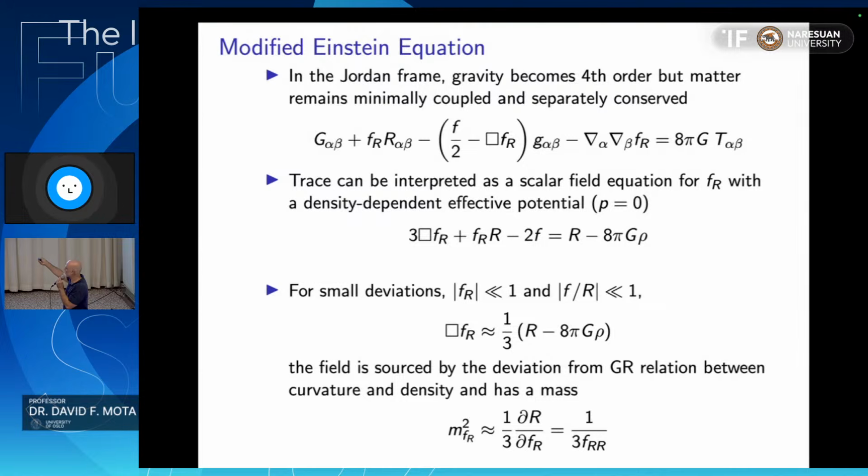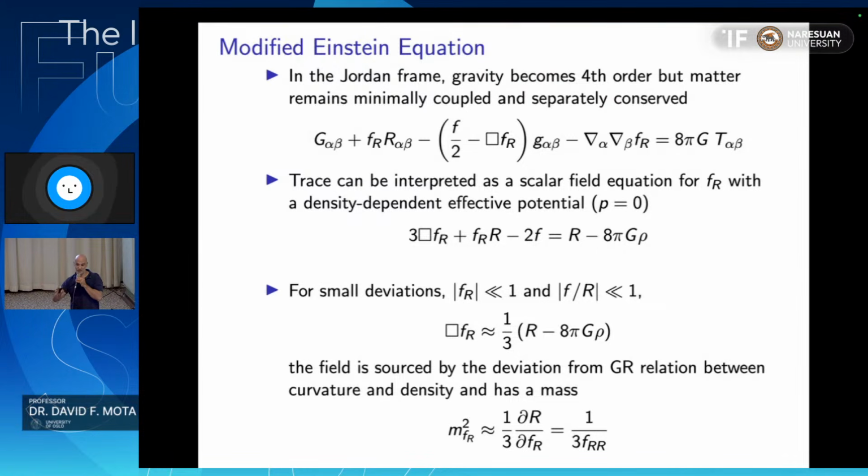Yes, it's a box of f of r, so this is a scalar, with some other terms. Because the Klein-Gordon equation of a scalar field is box phi with some other terms, the effective potential. This is what I'm trying to say. I'm going to show you now explicitly that that is in fact the case.